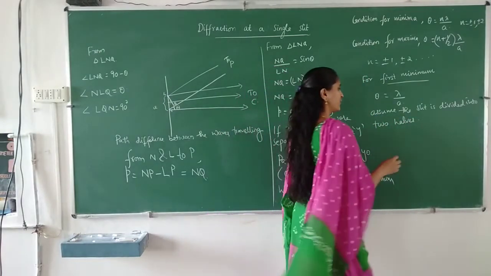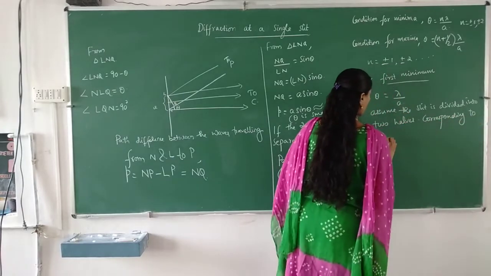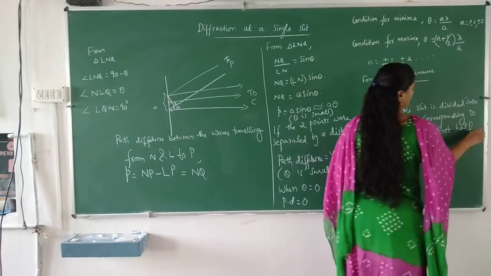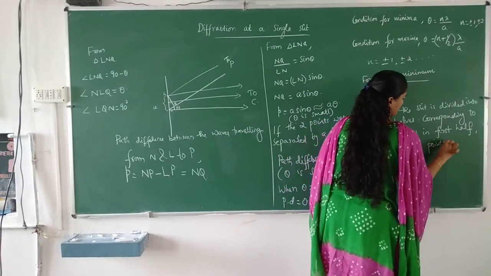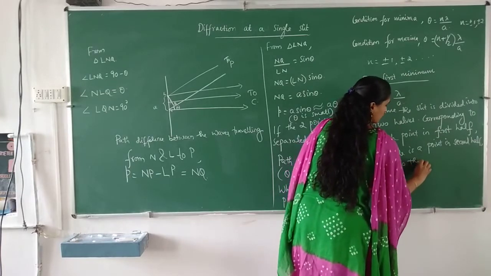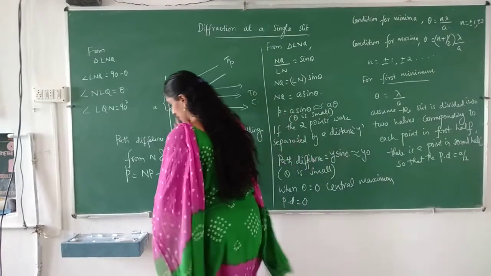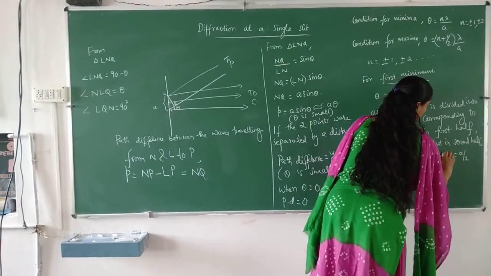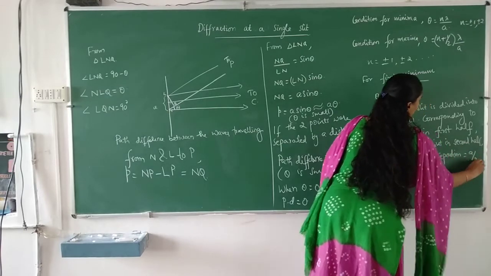Corresponding to each point in the first half, there is a point in the second half, so that the separation between the points is equal to a by 2.